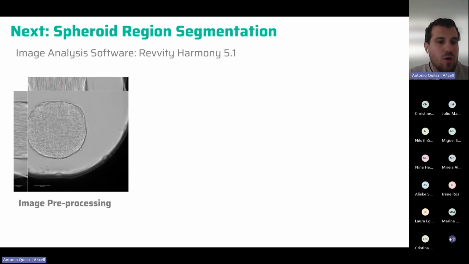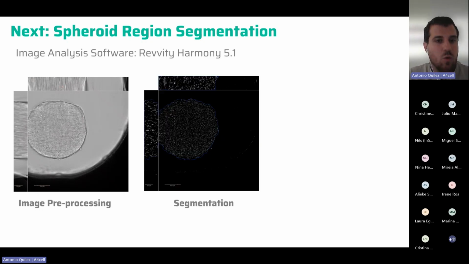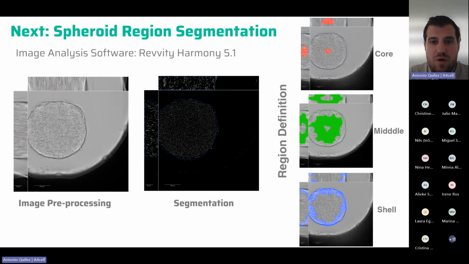So for this, we did some pre-processing of the bright field signals to locate our organoids, to segment quite nicely our signal, and then identify the different regions in the whole volume. If you remember from the initial image that I showed you, we can have a core that we are assuming to be necrotic or missing some kind of diffusion of nutrients and oxygen, then a middle zone, and then the outer shell where we'll have the proliferative cells.